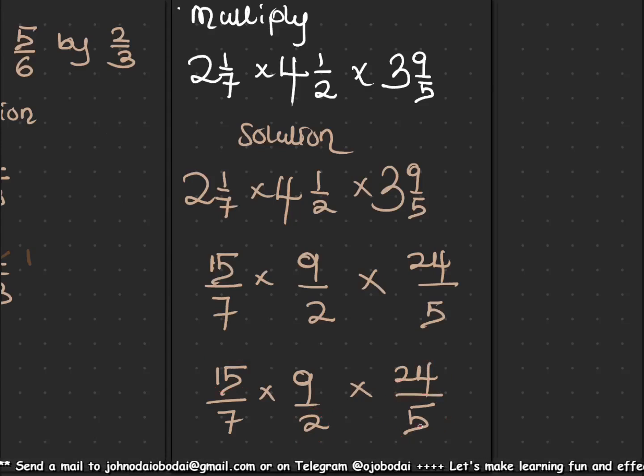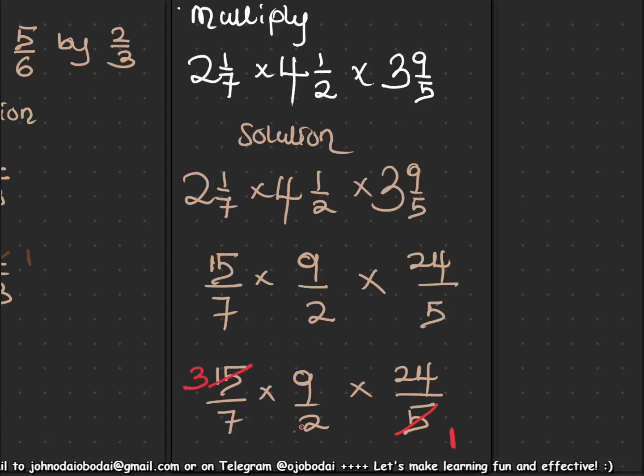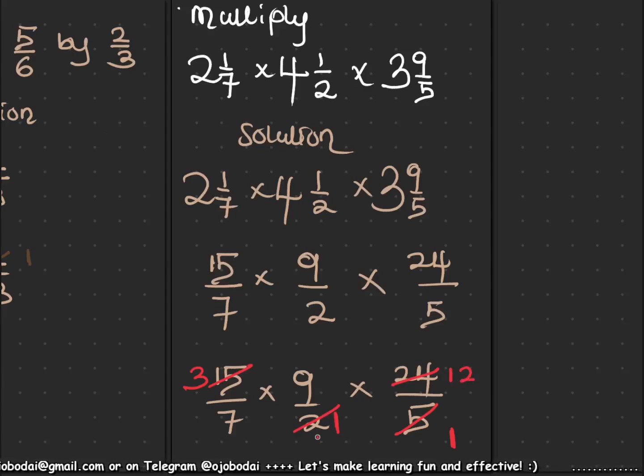Hence, let's use that. 5 divides itself once and into 15 thrice. 2 divides itself once and into 24, 12. Now we look at it again and see if there is anything we can simplify. There is nothing.